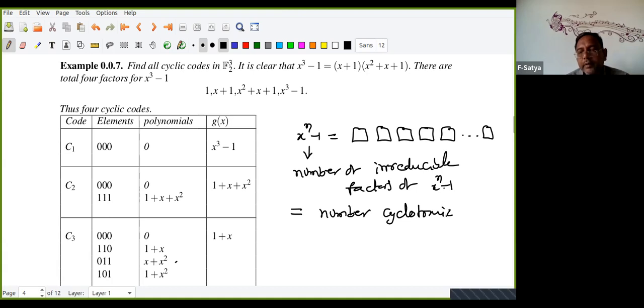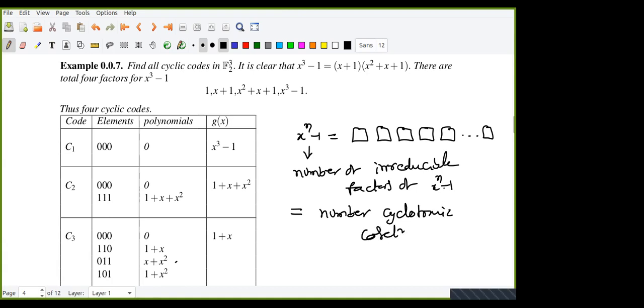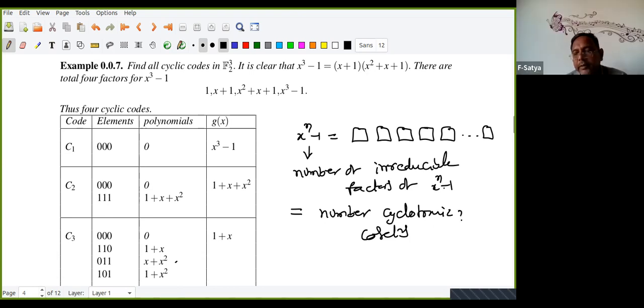Do you remember that? So once I find the number of cyclotomic cosets, then the number of divisors, the number of generator polynomials, is going to be, for example, if this is m, then 2 power m cyclic codes will be possible. What is this m? m is the number of cyclotomic cosets.